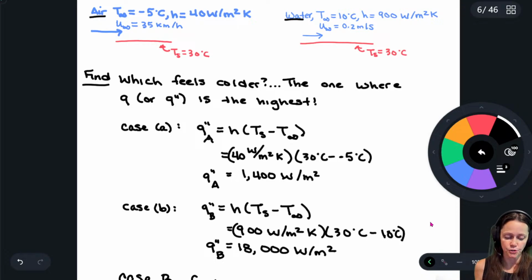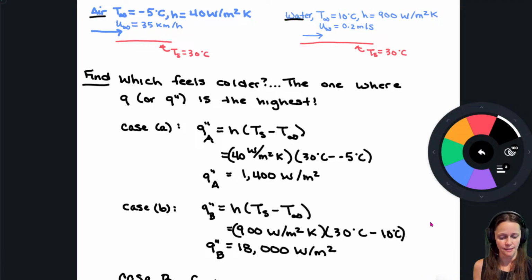However, it's the heat transfer coefficient that clearly has the dominating effect here. Again, that h value is something you do need to calculate, but if we think about what it depends on, yes, it's dependent on flow characteristics, including the free stream velocity, but it's also dependent on the properties. One of those properties is thermal conductivity.